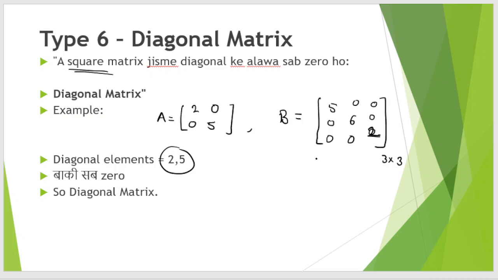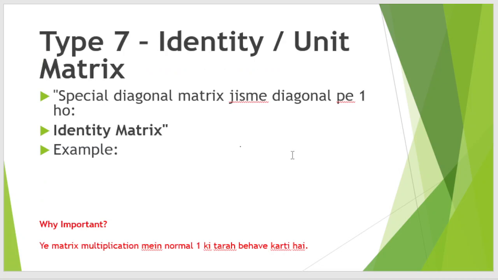Diagonal matrix. Now the next is the identity matrix, and this is also called the unit matrix. This is again a very important concept in matrices, right? When we study the algebra of matrices, where we learn addition, subtraction, multiplication, this plays an important role.